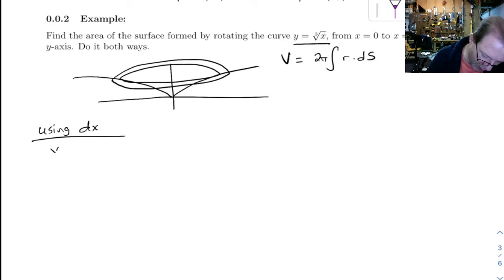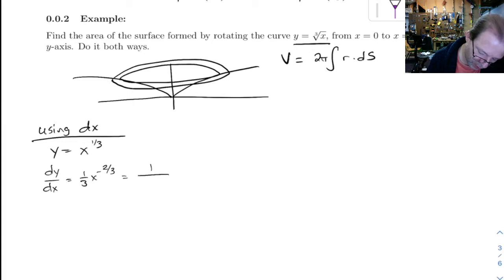So I've got y equals cube root of x. So dy dx then is 1/3 x to the minus 2/3. I'm going to rewrite that as 1 over 3 x to the 2/3. And so my ds, a lot of the time when I do this, I just write it on here.